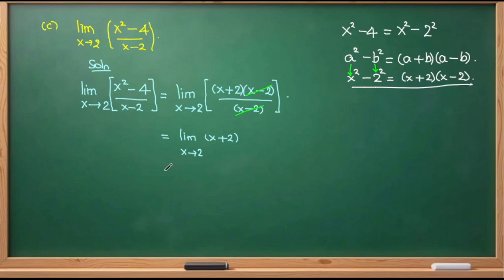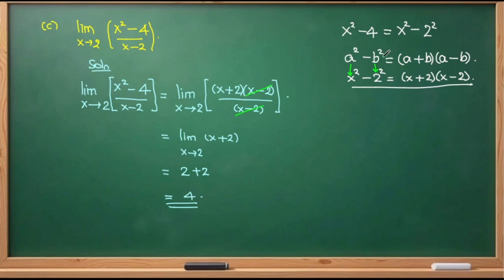So we can go ahead and make our substitution of x with 2. We have 2 plus 2, making 4. And that is the solution using difference of 2 squares.